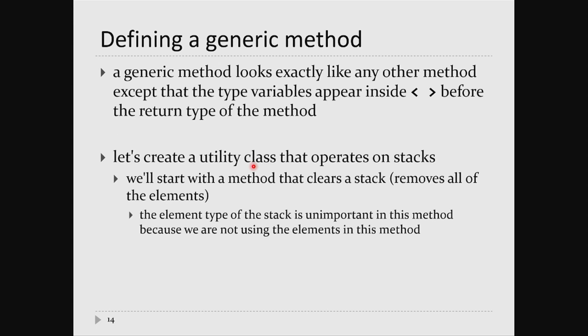A generic method looks exactly like a regular method with one exception. The type variables for your generic method appear inside of the less than and greater than brackets, and they show up immediately before the return type of the method. So in a generic method, you've got the type variables sitting in front of the return type.